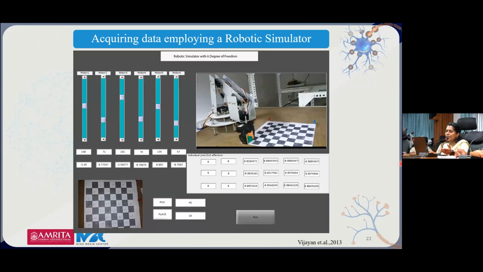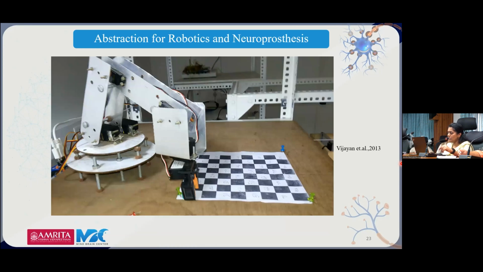And the next step was we needed data, robotic arm data. So we developed a low-cost robotic arm with a simulator in our lab. And this was the interface for that. We could download it as an Excel file and use that as the data set for the further training of the network.